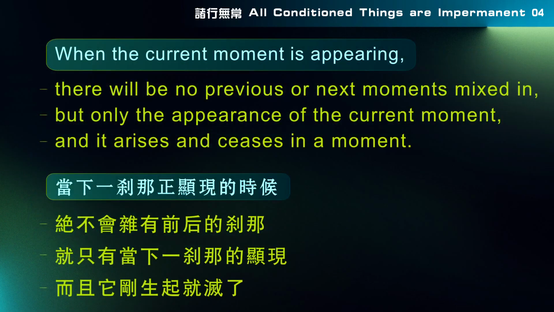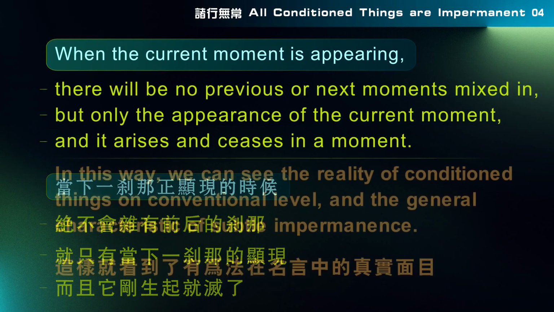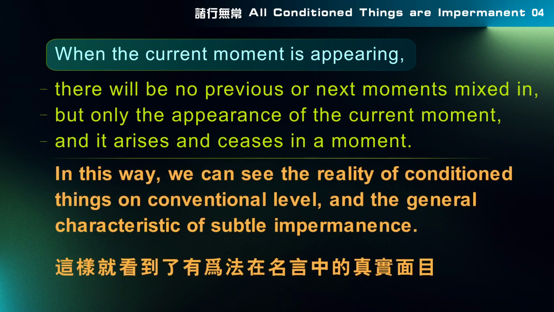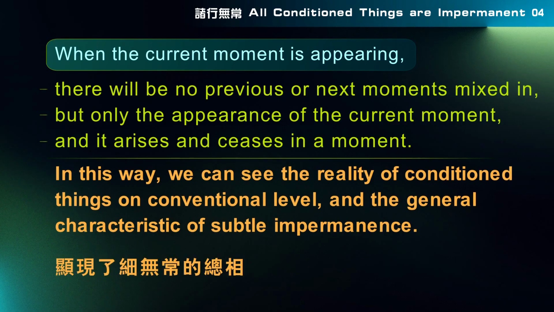When the current moment is appearing, there will be no previous or next moments mixed in, but only the appearance of the current moment, and it arises and ceases in a moment. In this way, we can see the reality of conditioned things on conventional level and the general characteristic of subtle impermanence.